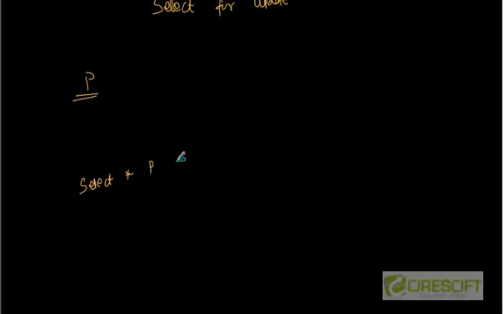But if you do select star from P for update, whenever I'm selecting the rows in table P, I'm putting a lock, because of this for update clause. Because of the for update clause, I believe that I'm going to update something later on. Therefore Oracle, with select for update, is going to block the complete row, so the complete table.